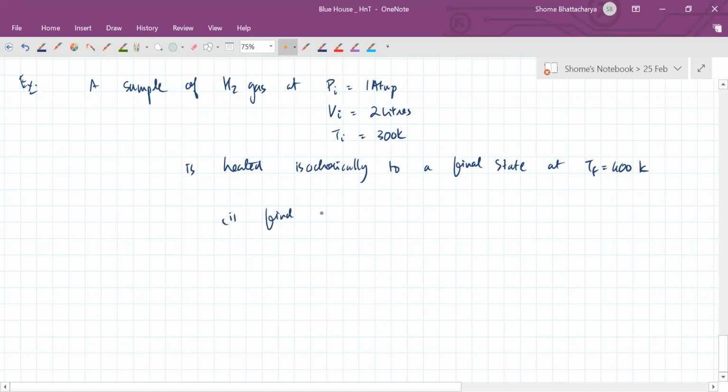So find final pressure and final volume. Find the change in internal energy, work done, and heat supplied.